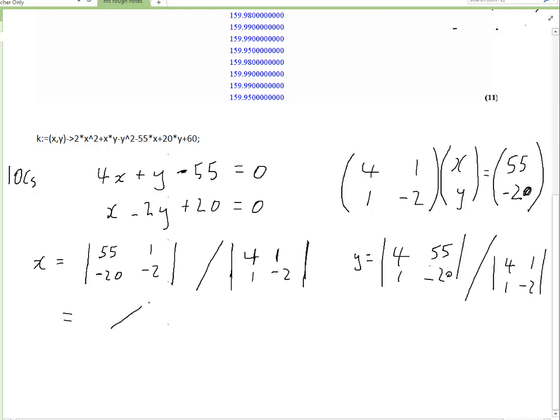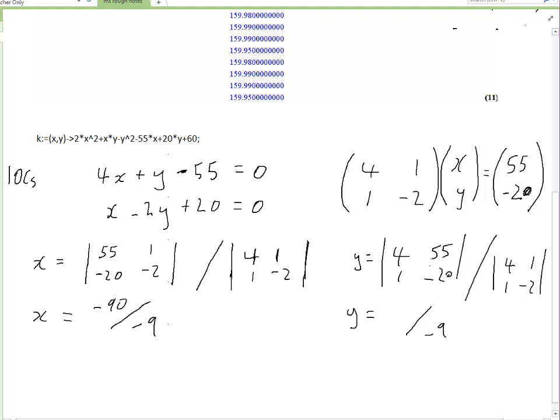So the easy one is minus 8 minus another 1 is minus 9. So they're both divided by minus 9. Now y is equal to something divided by minus 9. So we've got minus 110 plus 20, which is minus 90, sorry.